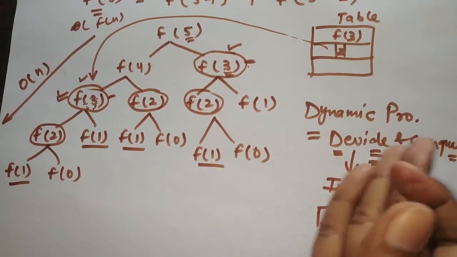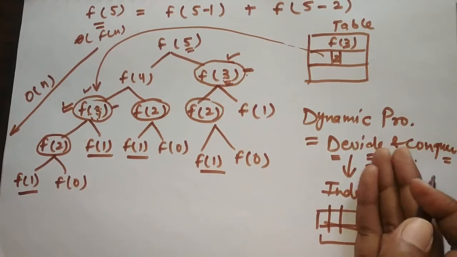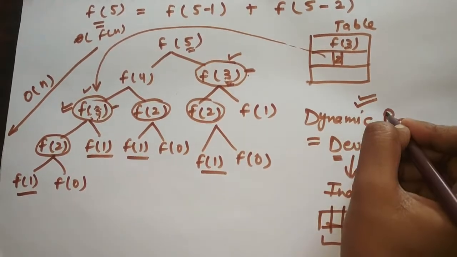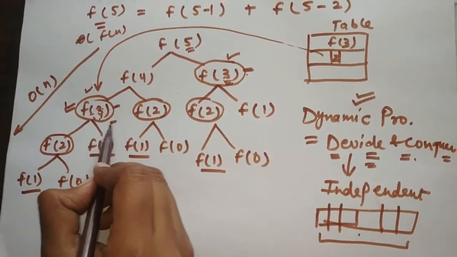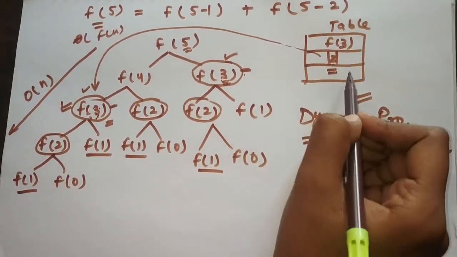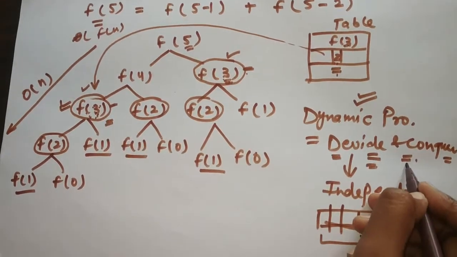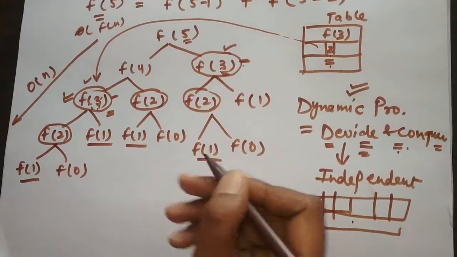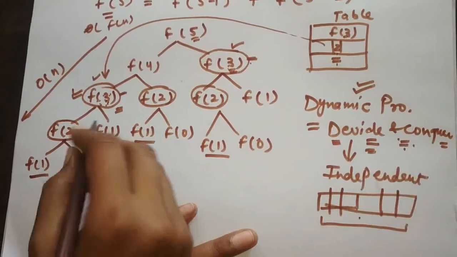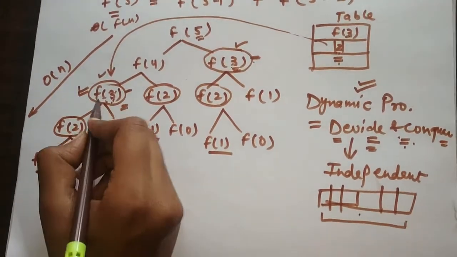But it will take polynomial time to solve this type of Fibonacci series if we are using the divide and conquer method. And if we are using dynamic programming, rather than computing this, it will only take the reference from the table. So this will work faster than the divide and conquer method.